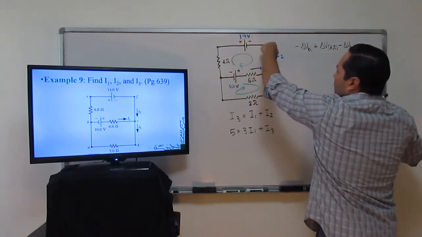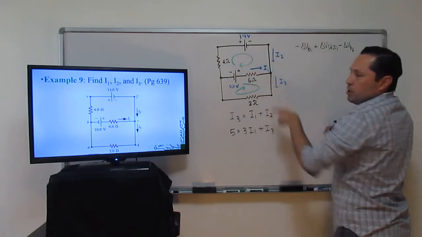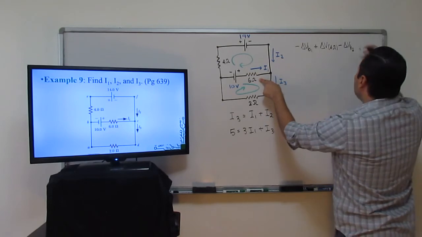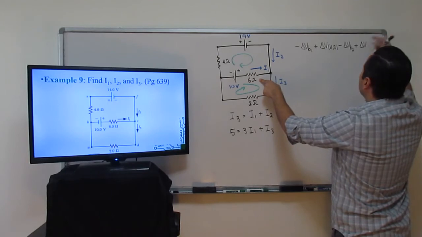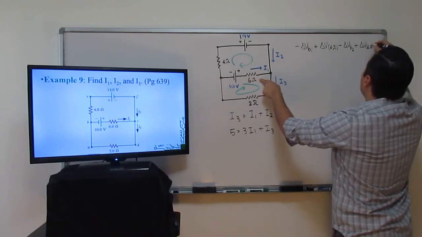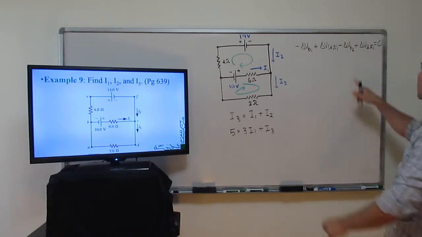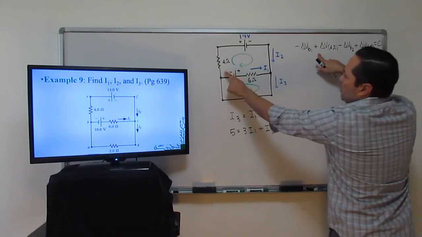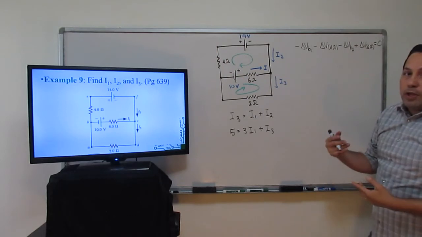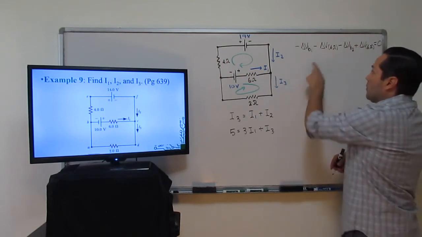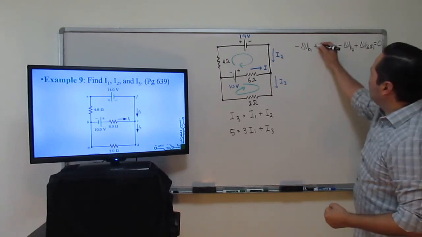Then as we loop around here, here's current 1, but notice that we're going against the current, so it's going to be a positive delta V for the 6 ohm resistor. And all of that, according to the loop rule, is 0. Let's double check the 4 ohm resistor: this one should be negative because we're going against the current, so that's why we have a negative there.